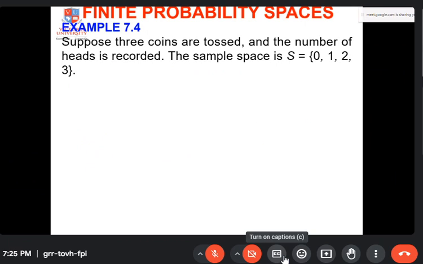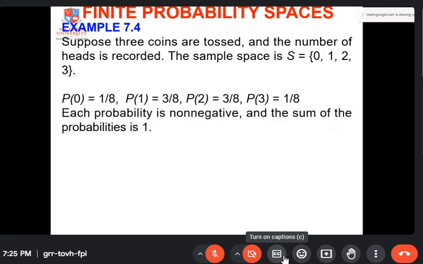Or you can toss 3 times and all the 3 times are heads. So the sample space for heads is that one. Either you don't have a head, or you have 1 head, or you have 2 heads, or you have 3 heads. So if you are interested in the sample space for heads, that's what you have.